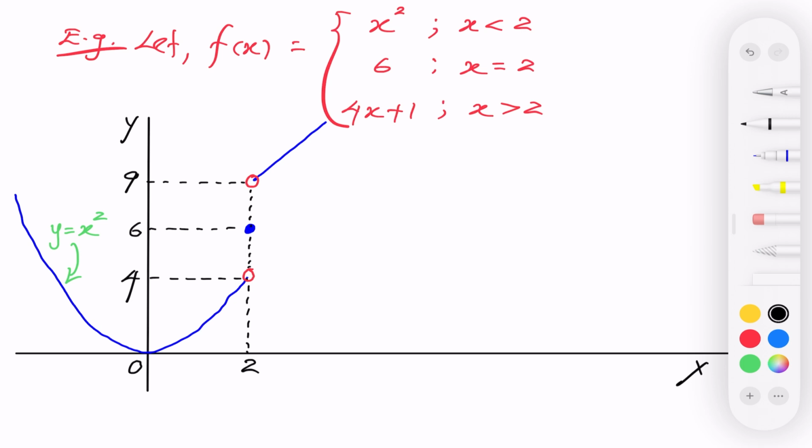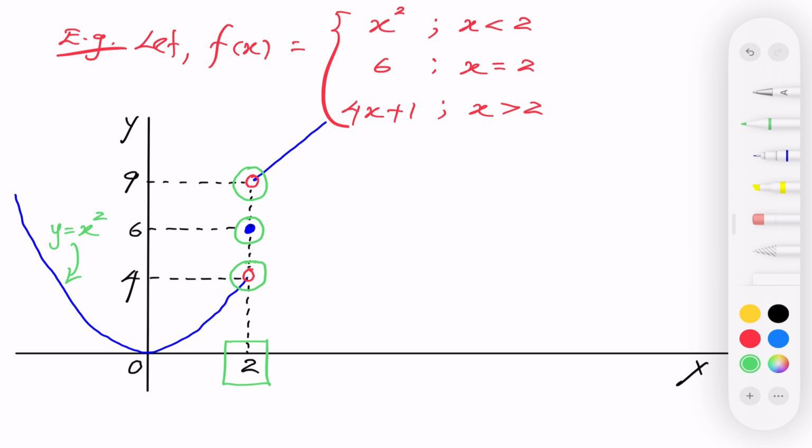All right. Now, looking at this graph, we have 3 important points. One point is this value 4 on the y-axis. The other point is the value 6 on the y-axis right here. And the other point is this value 9 on the y-axis. For all 3 of those values, I have x value being equal to 2. So, how do we identify those 3 points? For all 3 points, we can see that x value is either exactly equal to 2 or very close to 2.